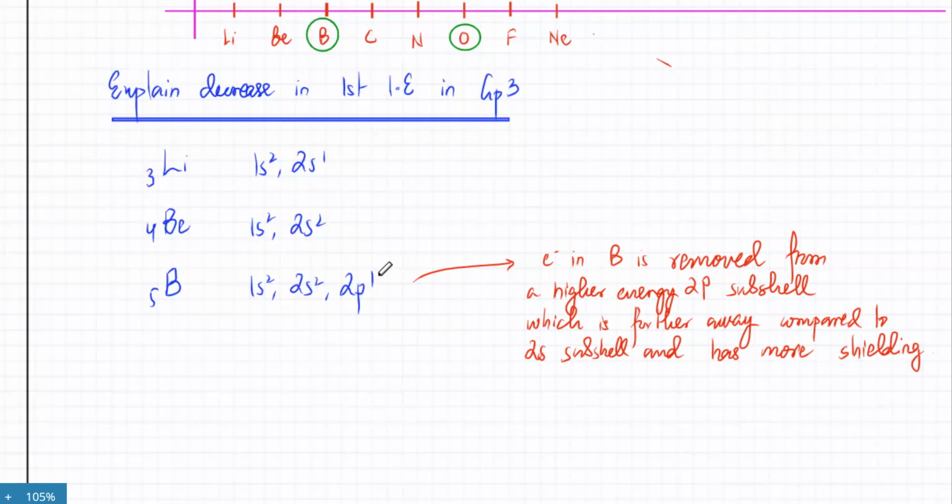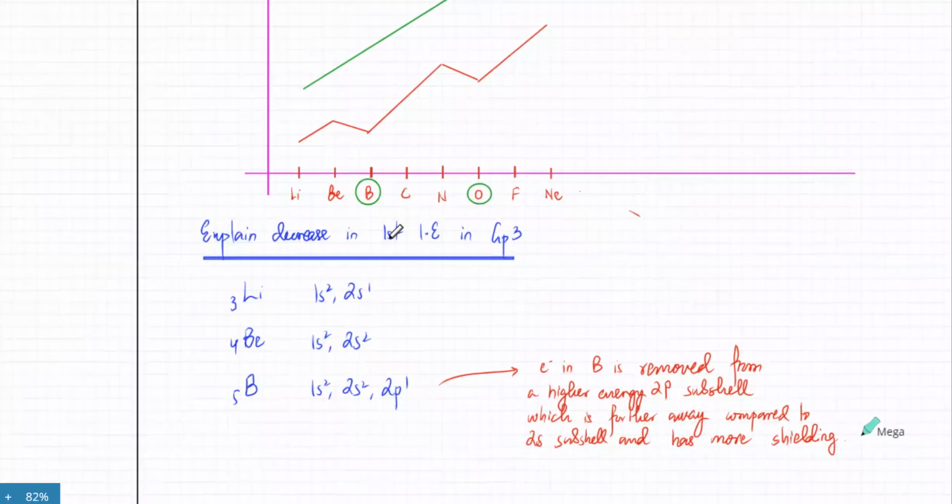So for a very minute instance, it becomes easy to remove electrons in boron. Because in lithium and beryllium, electrons were removed from subshells closer to the nucleus, and all of a sudden the electron is being removed from a subshell that's slightly further away, just very slightly. So it becomes slightly easier to remove electrons from boron because the electron is further away compared to the 2s subshell, and it's got more shielding as well.